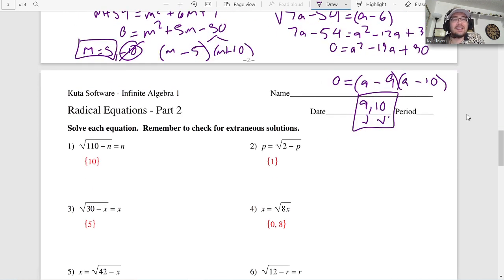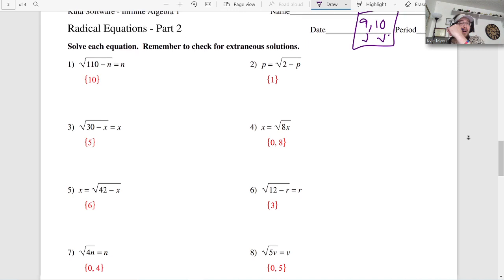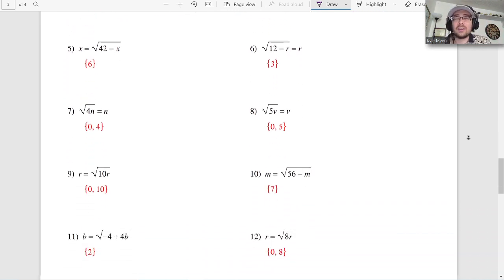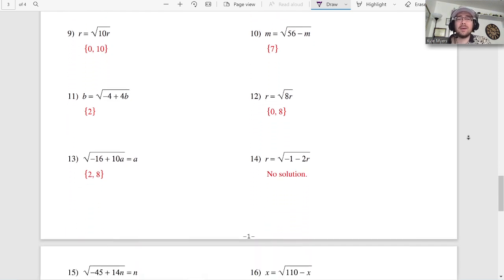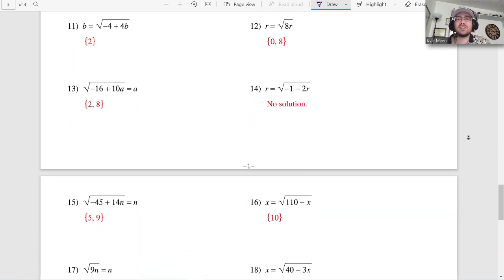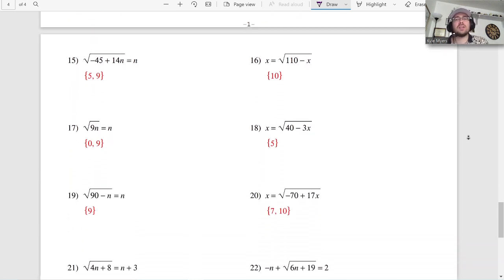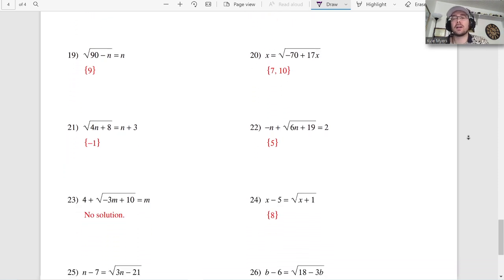All right, and here are the answers. By the way, you don't need to look up my videos to find all the answers. The answers are right at the edge of your fingertips. Whatever worksheet you've been given by your teacher, you can just pull it up. Just Google it. Google the worksheet and you'll find the answers that way. That's why teachers normally say, oh, hey, show your work.